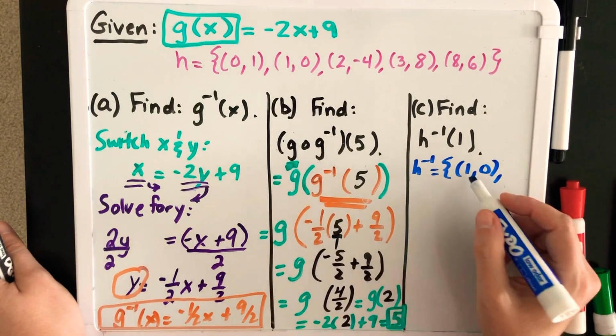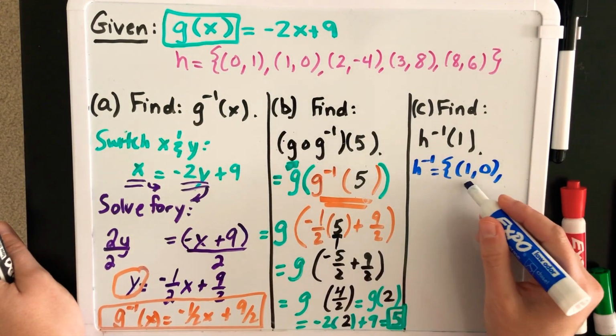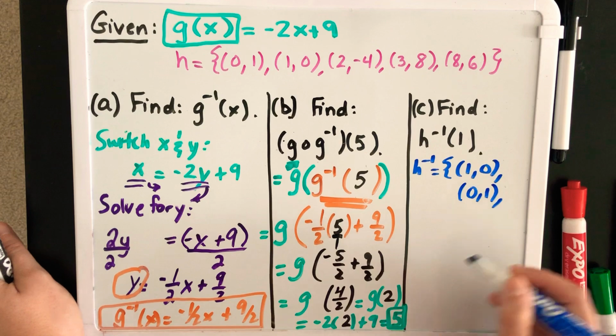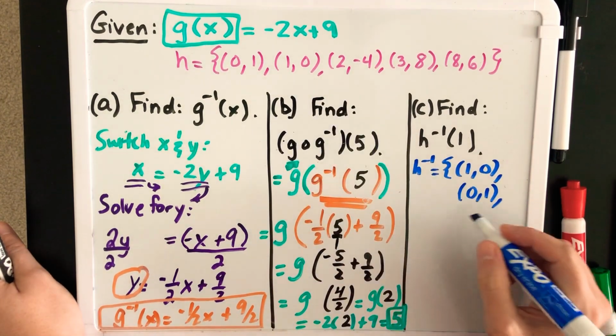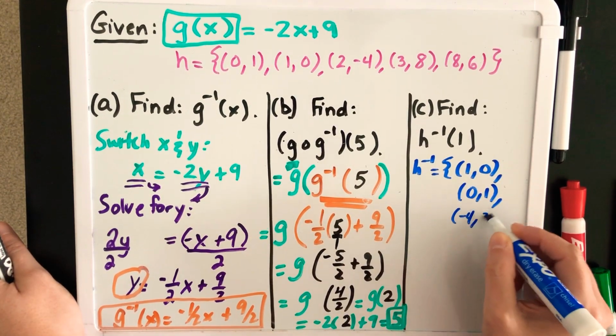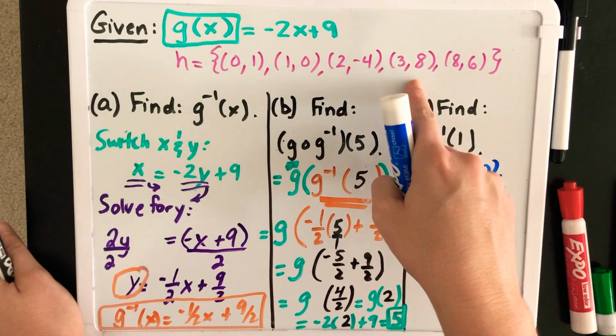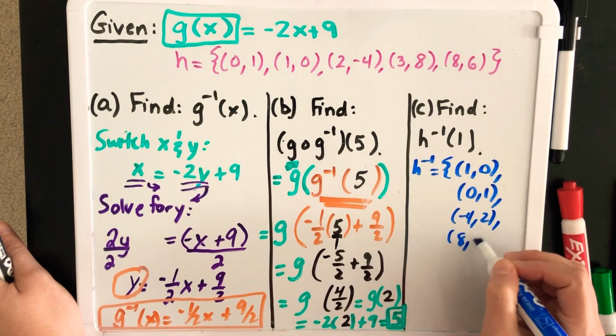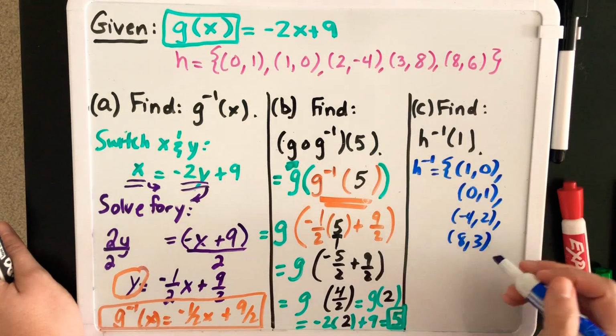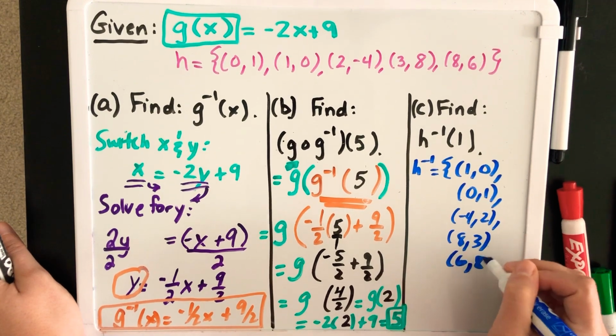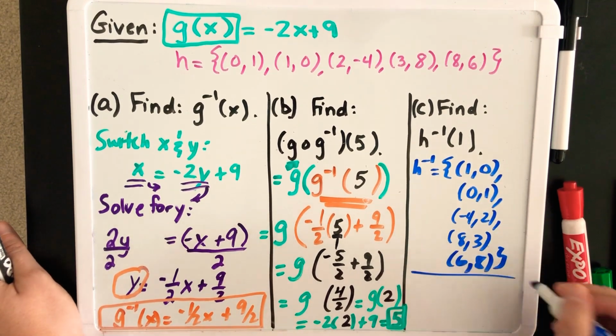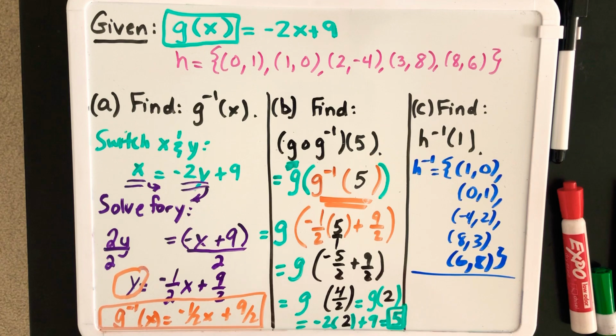Instead of (1, 0), it would have (0, 1). What else would it have? Instead of (2, negative 4), it would have (negative 4, 2). Instead of (3, 8), it would have (8, 3). And instead of (8, 6), it would have (6, 8). So that would be the h inverse function if I were to have all the points on its graph.